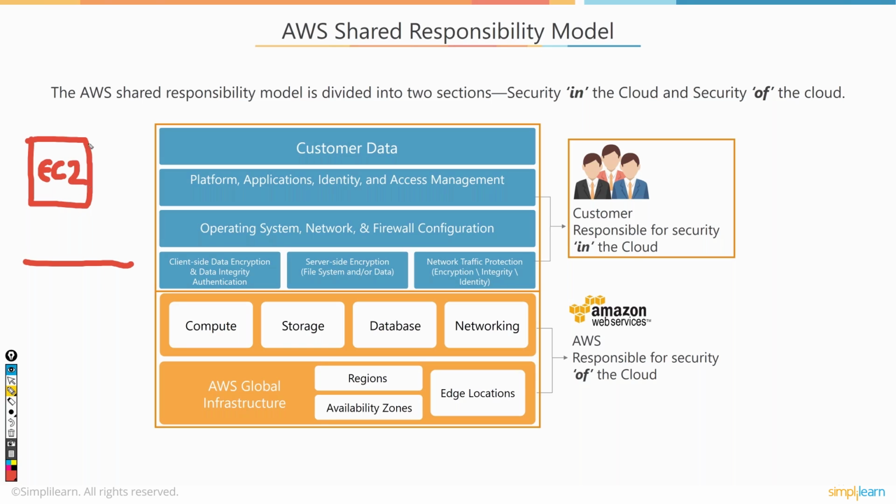EC2 box, yeah? And you're running on the EC2 box, maybe Windows or Linux or anything else you want. Now, the box itself, so all the hardware and everything else, belongs to AWS. They're just renting it to you. But the OS itself, all the data and all the networking security or whatever you implemented on it belongs to you, which means you are responsible to manage your own security.